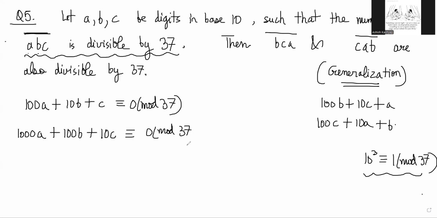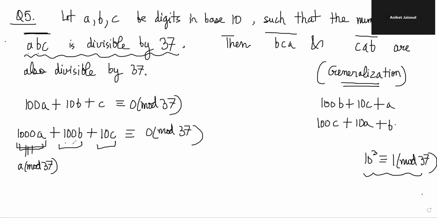Now we know when you do mod of this thing, we know 1,000 is 1 mod 37, right? Do term by term mod of all of these. So this will be congruent to A mod 37. This will be 100B itself, right? We can't say anything.